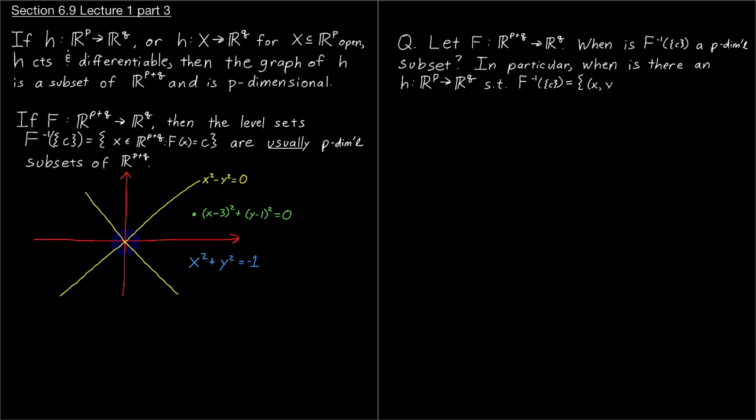That's the set of all points x, y in R^(p+q), x is in R^p, y is in R^q, such that f of x, y is equal to C. We will be using slightly different notation for points in R^(p+q) going forward, but I don't want to explain it just yet. So when is it that this set is equal to the graph of h? That is the set of all x, h of x, such that x is in R^p.